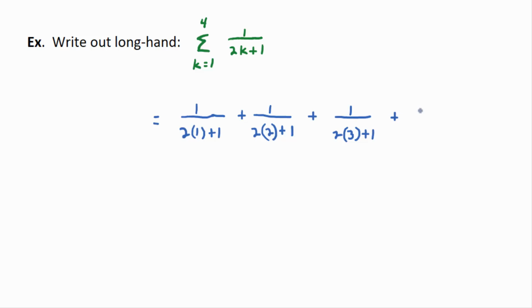And then your fourth term? 1 over 2 times 4 plus 1. Okay, and then we'll simplify the denominators, but I'm not actually going to add them together. So what do we get? 1 over 3 plus 1 over, oh, we're getting some odd numbers in the denominators, aren't we? 1 over 5 plus 1/7 plus 1/9. You could add those together by getting common denominators, but that's not part of the problem. I just wanted you to get some practice with this notation.